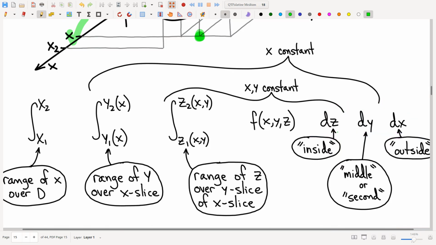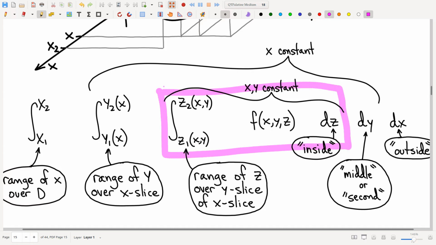Okay, so as a result of that geometry, here's what our iterated integrals are going to look like when we have non-rectangular domains. For example, for our inside integral, the bounds are going to be functions of the variables further to the outside.